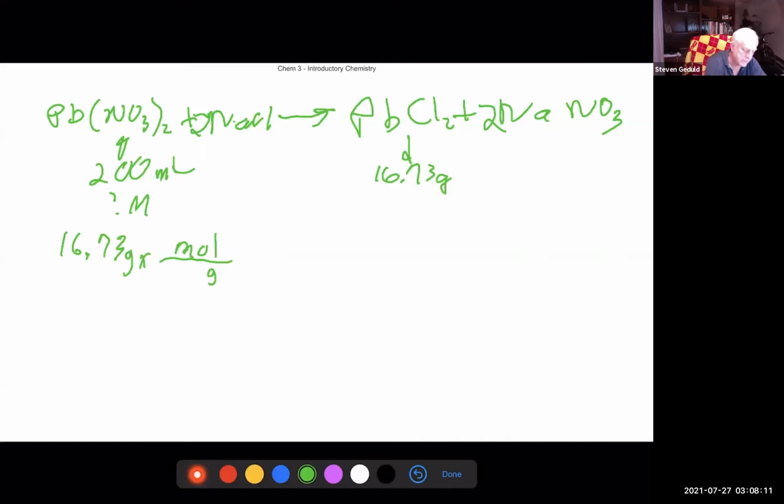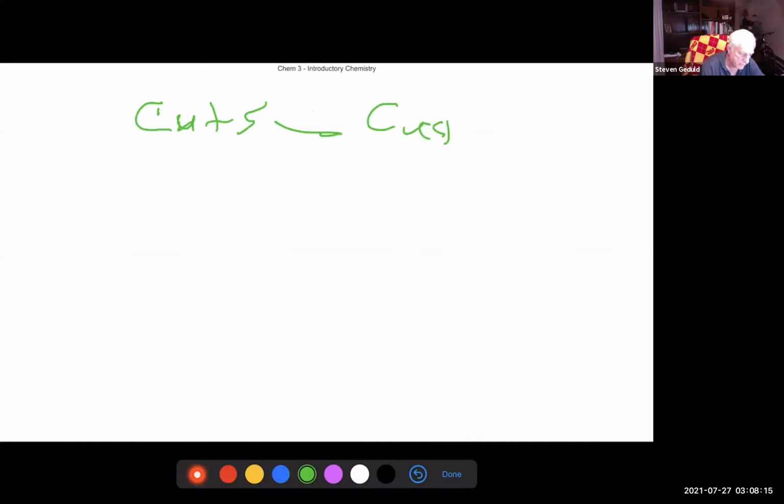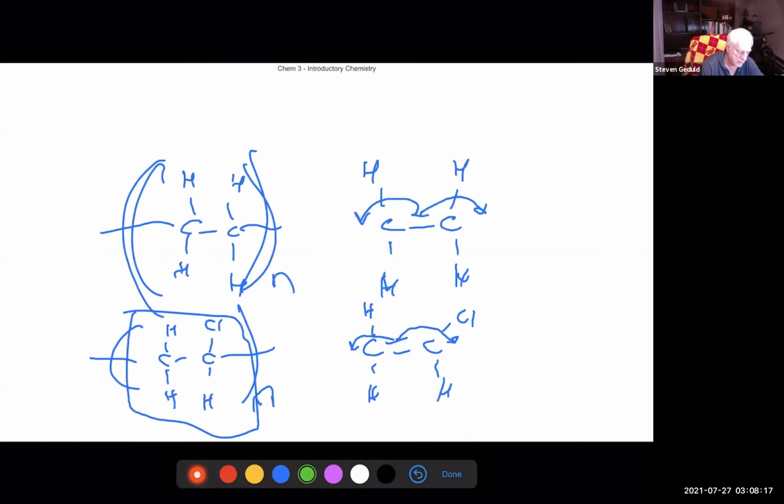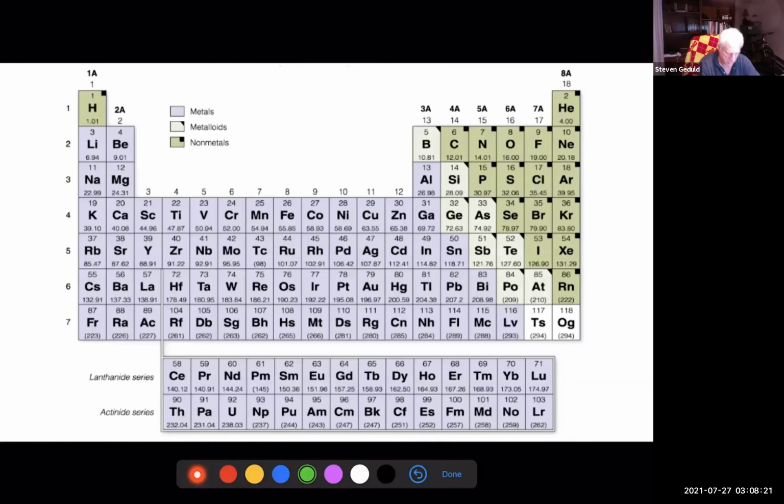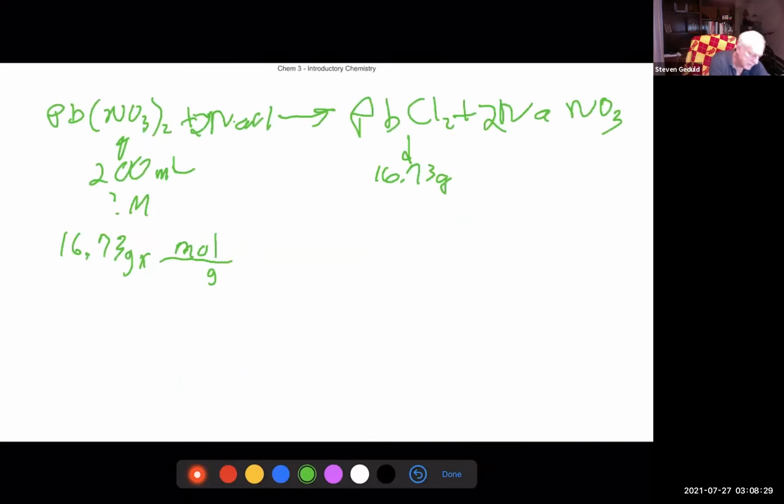Lead chloride: what's lead? Periodic table. Lead is 207.2. Chlorine is 35.5, so that's 71.